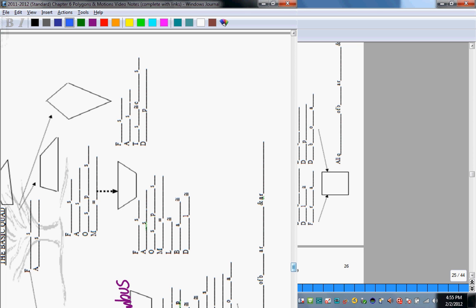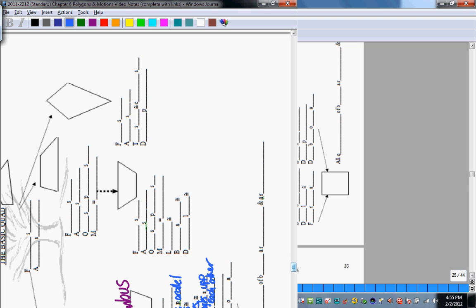The rhombus has those same OCD qualities. So we call opposite sides parallel, opposite sides congruent, opposite angles congruent, consecutive angles supplementary, diagonals bisect each other.